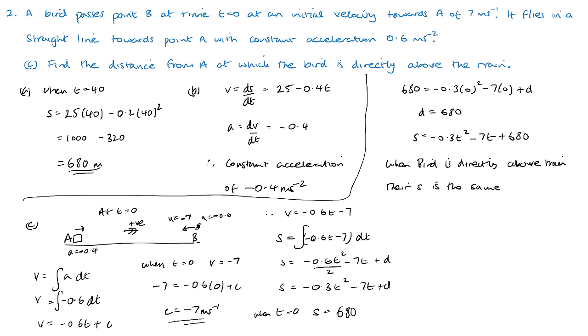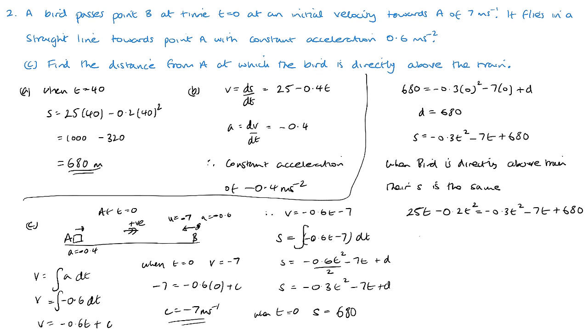So that means the S which we got from here, wasn't it, 25t minus 0.2t squared. So 25t minus 0.2t squared is equal to this.